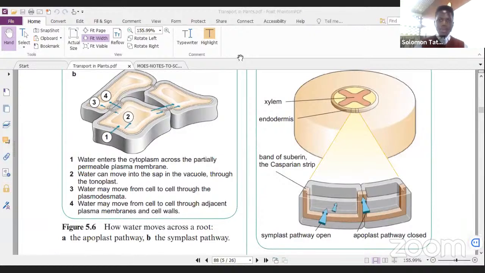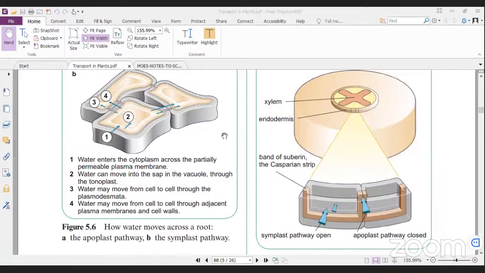Okay, so the symplast pathway: here we have water, which enters into the cytoplasm across the permeable plasma membrane, right? Now, from one cytoplasm it goes to another through the plasmodesmata, right? So the symplast pathway is all about the cytoplasm, from the cytoplasm of one cell to another through the plasmodesmata.